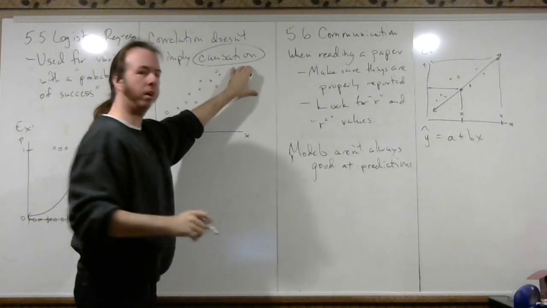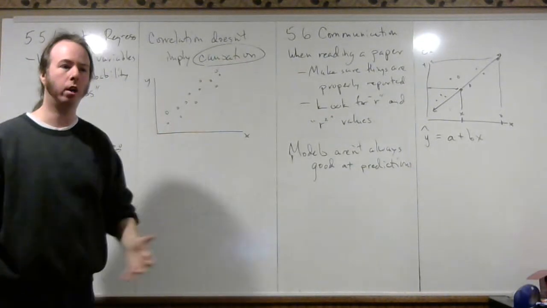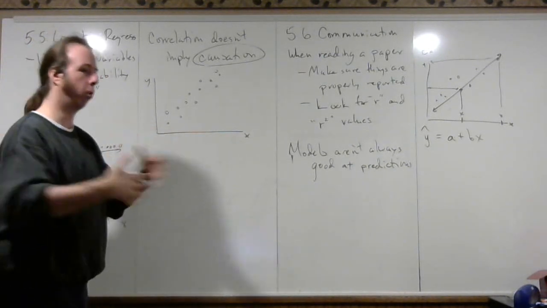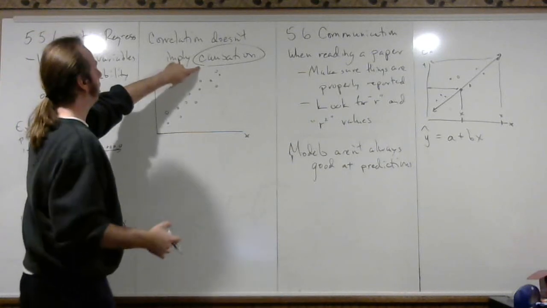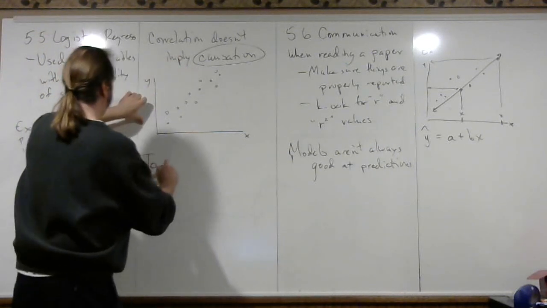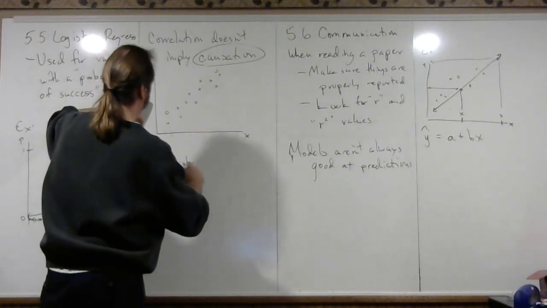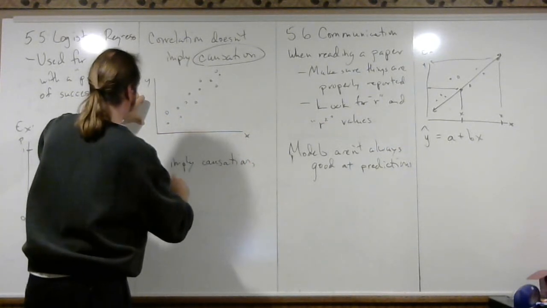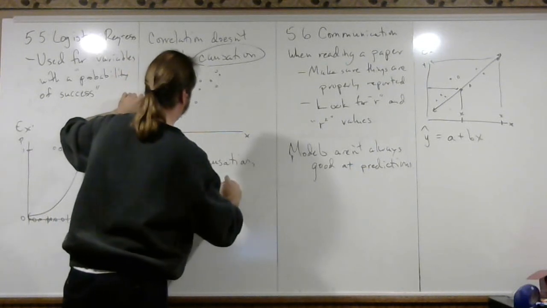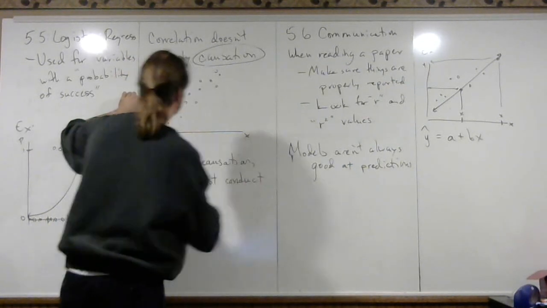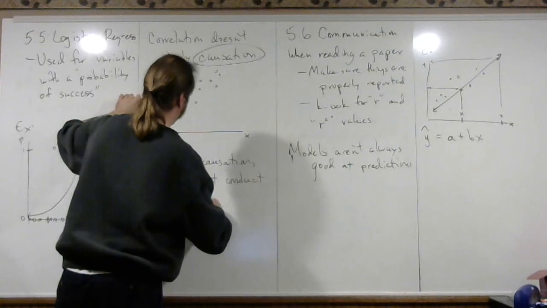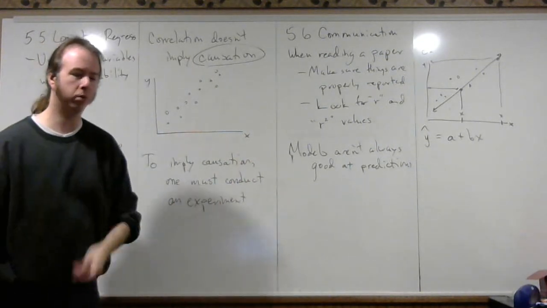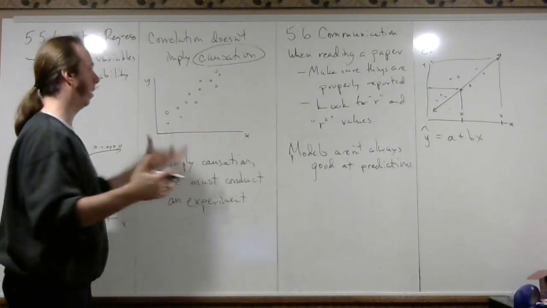To imply causation from a study, you have to actually do an experiment. This is a formal statistics idea. The general idea there is with an observational study, there may be other variables that are affecting things.